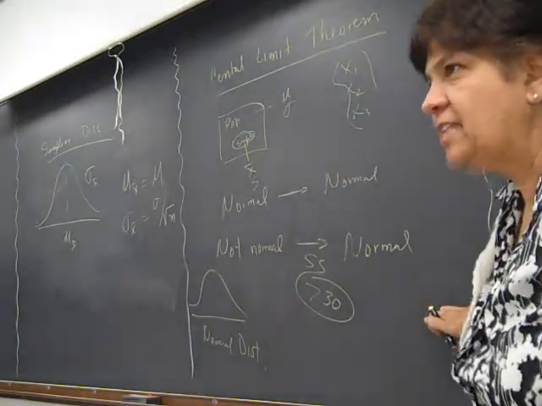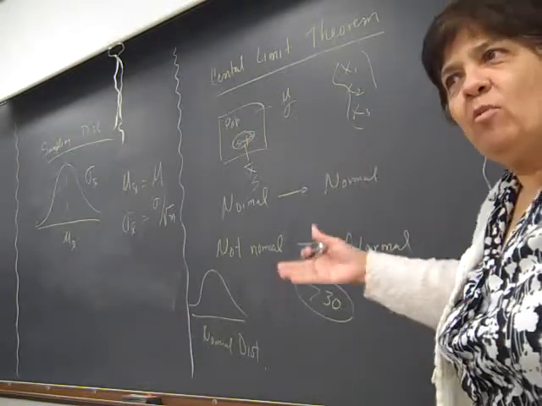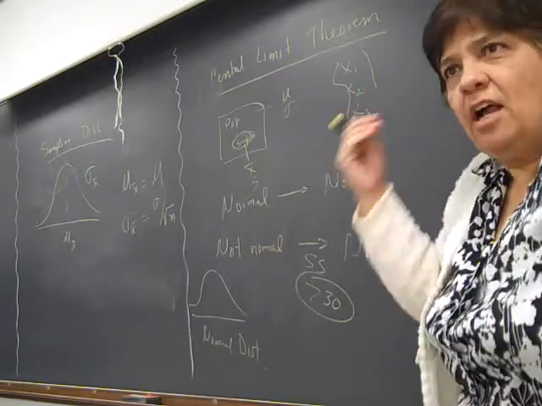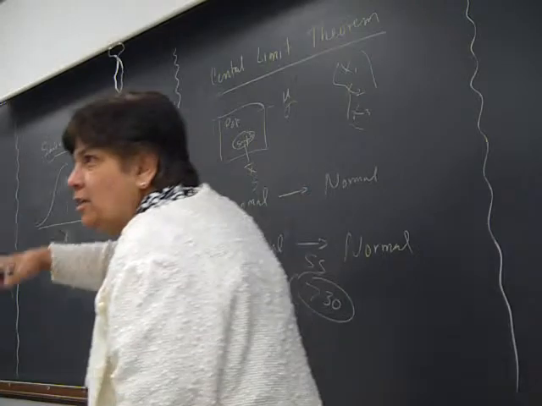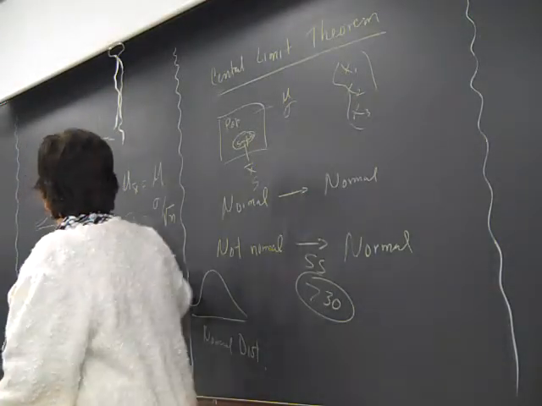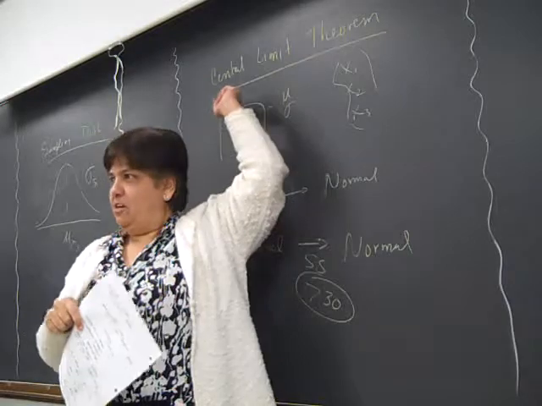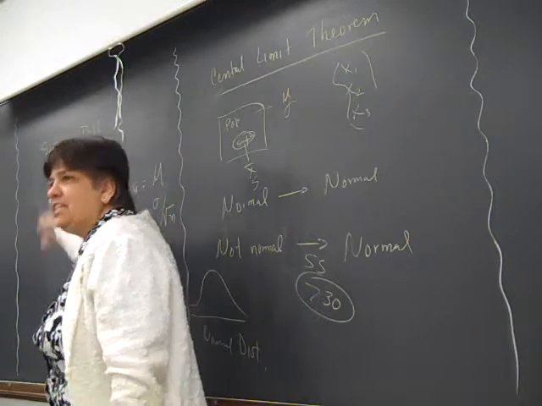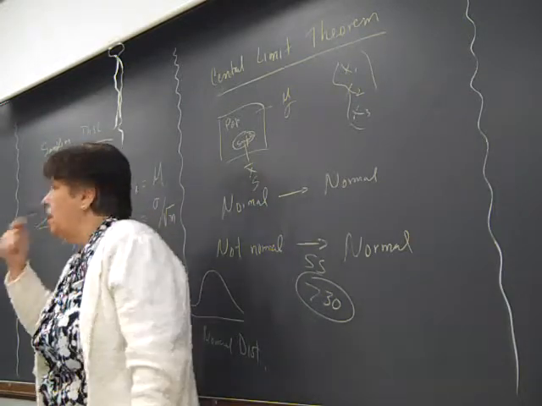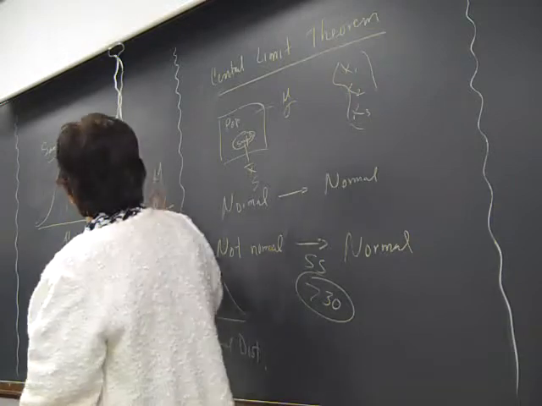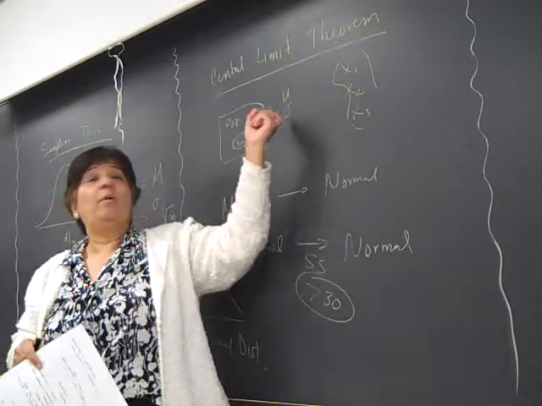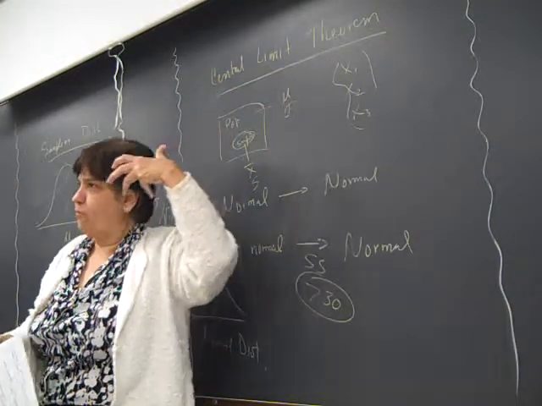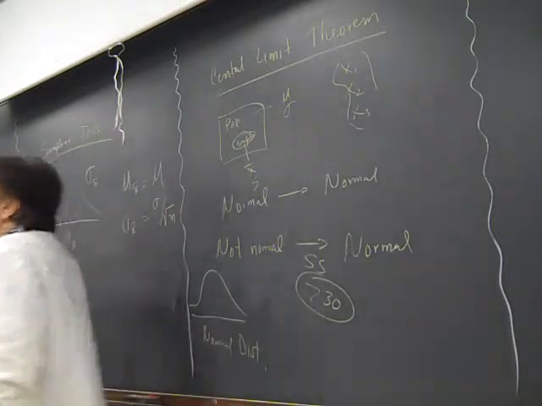From the population, we get a sample, and every time we sample, we generate a random variable, and the random variable is normally distributed with the mean equal to mu of the population where I draw the sample from, and the standard deviation of this normally distributed sampling distribution is equal to the standard deviation of the population where the sample was drawn from, divided by the square root of n.